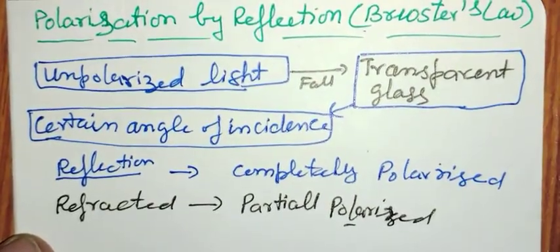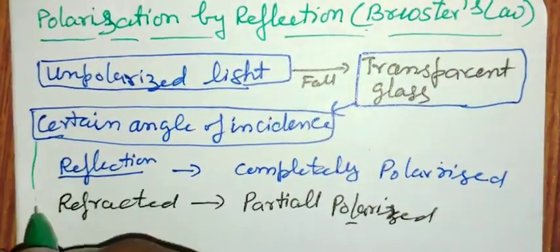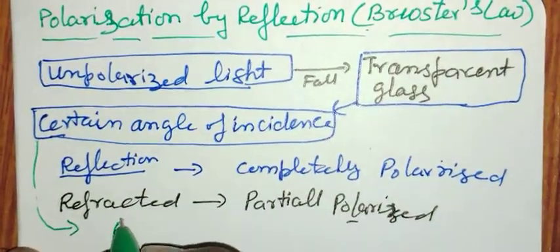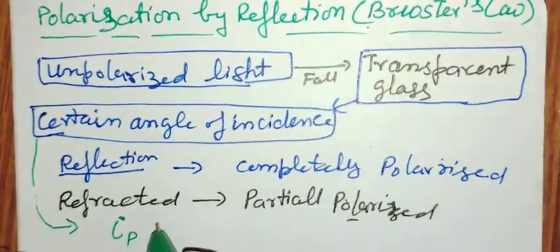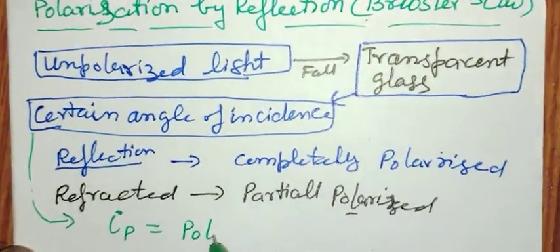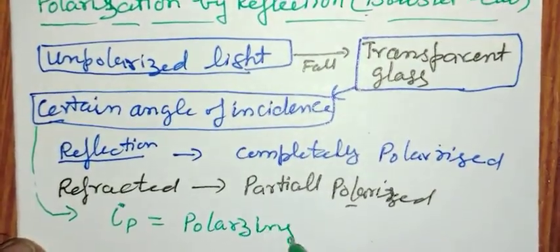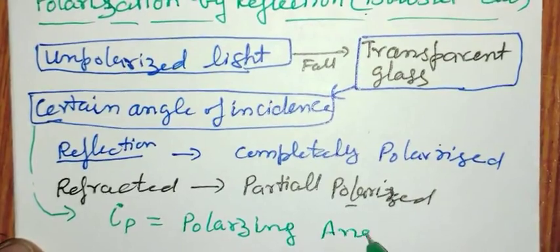Then this certain angle of incidence I is denoted by IP and called the polarizing angle.